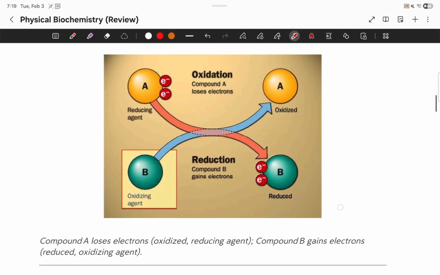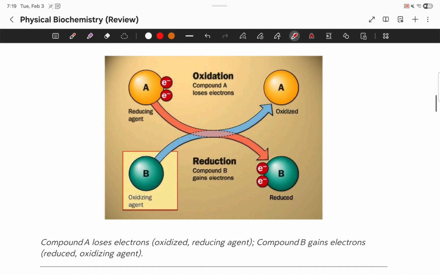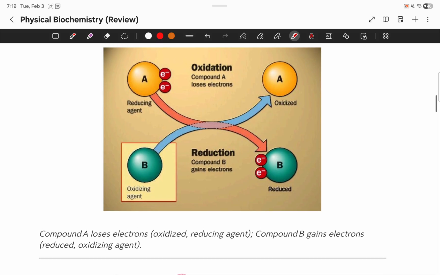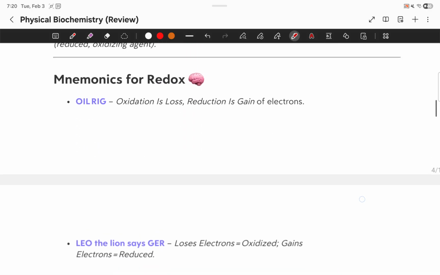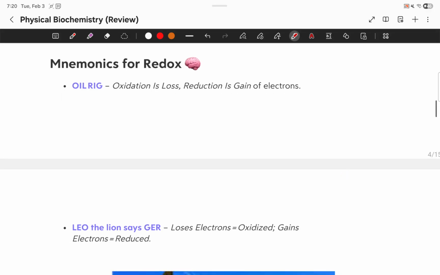Right here we have compound A, which is oxidized and is a reducing agent, and then we have compound B, which gains electrons. It's reduced and is an oxidizing agent. Okay, now moving on to some mnemonics to help you with redox.